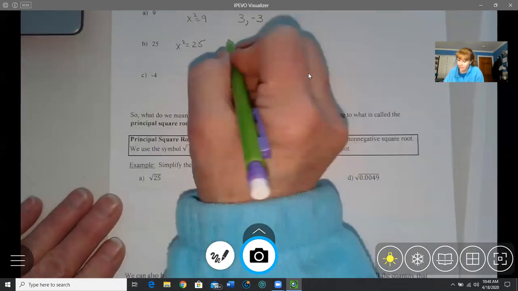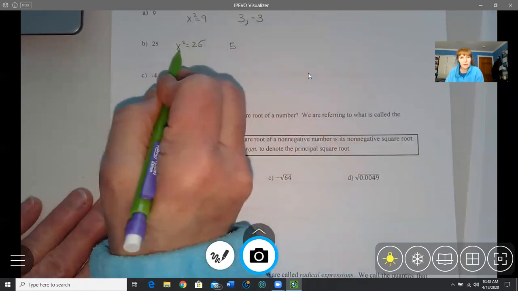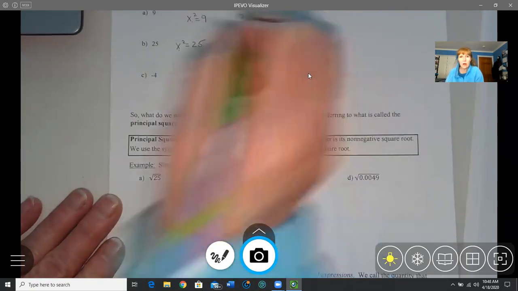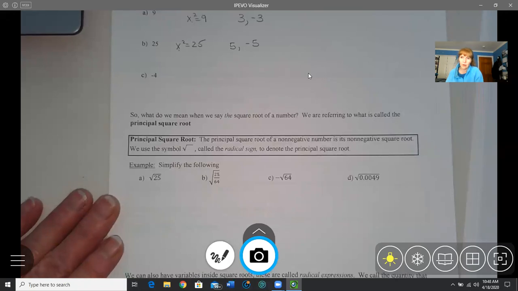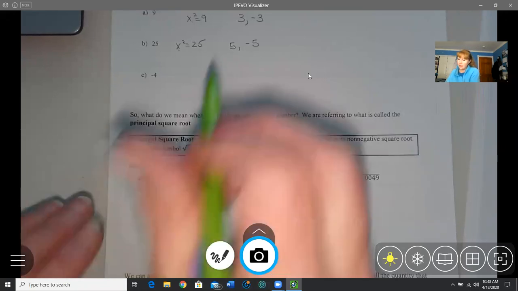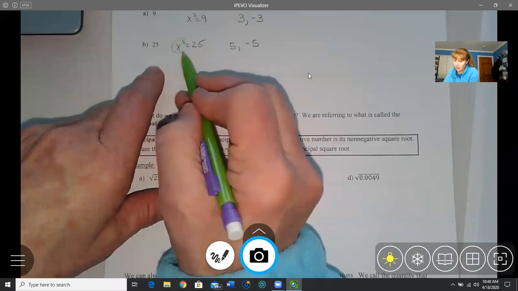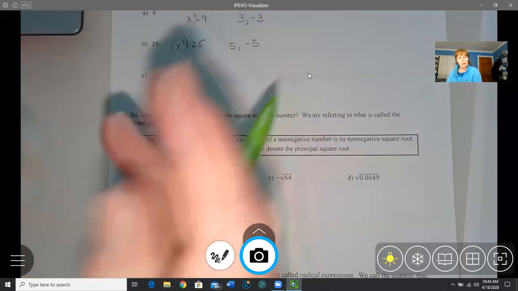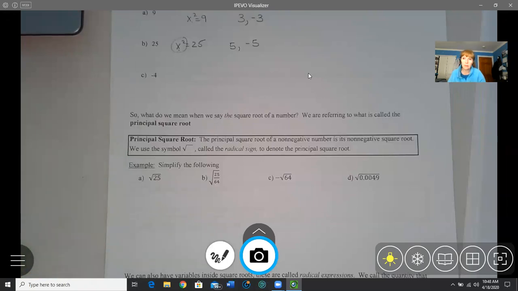So you would have 5, because 5 times 5 gives you 25. 5 squared is 25. Also, negative 5 is a square root of 25, because the square roots are these x's that you square to get that number. Negative 5 times negative 5 is a positive 25.